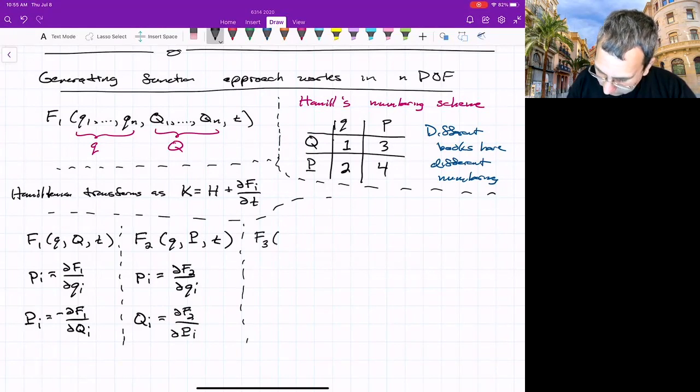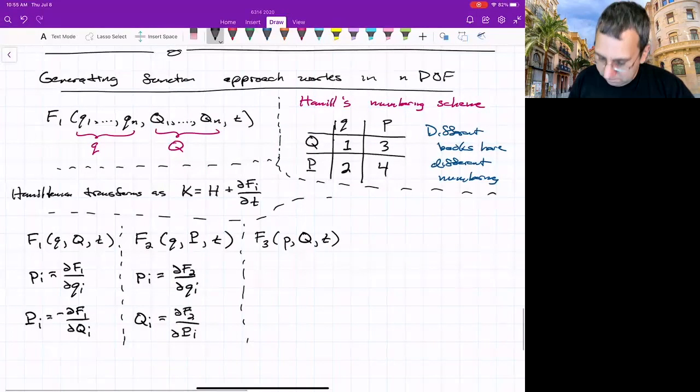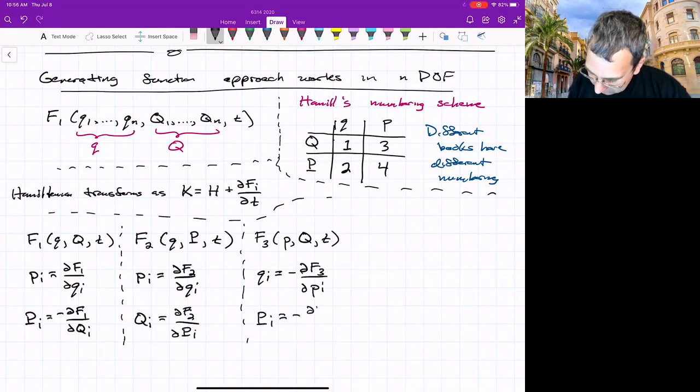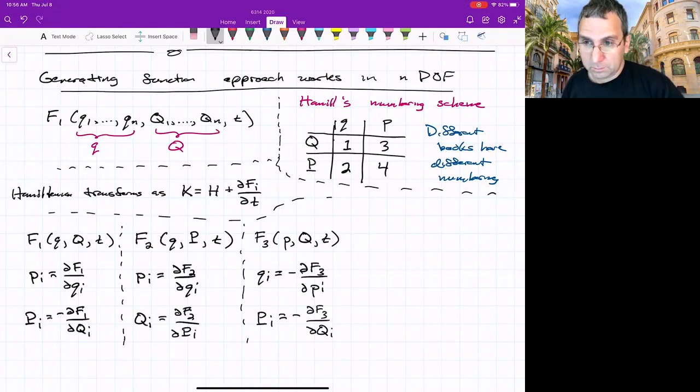There are 2 more. What was this one? A function of, we usually do the old coordinate first, little p and big Q, and possibly time. q_i equals minus partial f3 partial p_i. Big P_i is minus partial f3 partial big Q_i.